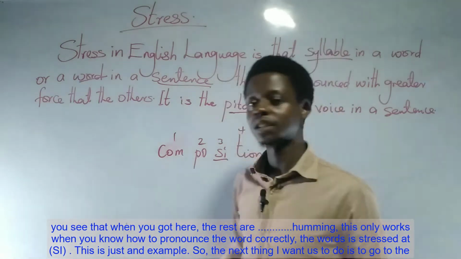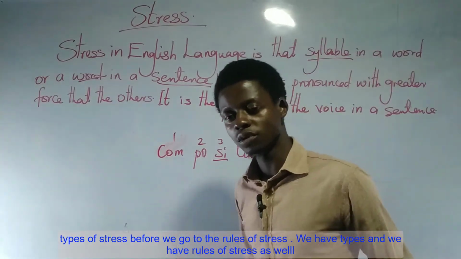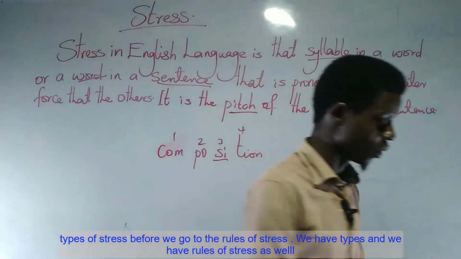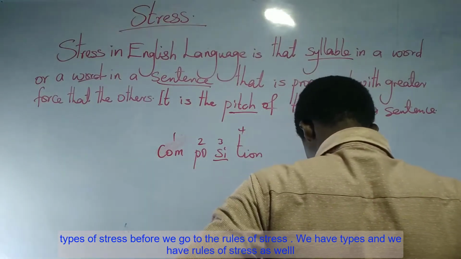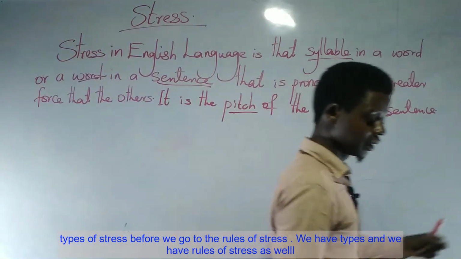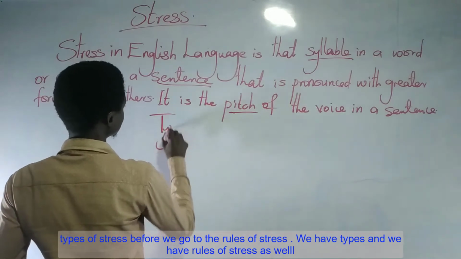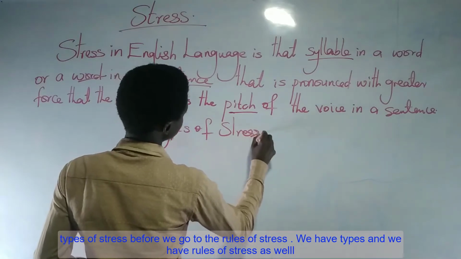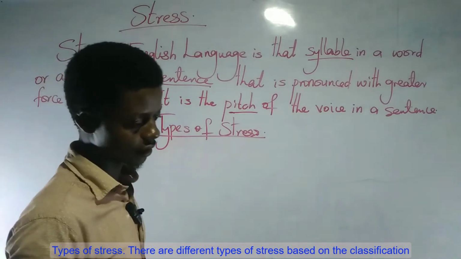So the next thing I want us to do is to go to the types of stress before we go to the rules of stress. We have types and we have rules of stress as well. So types of stress.